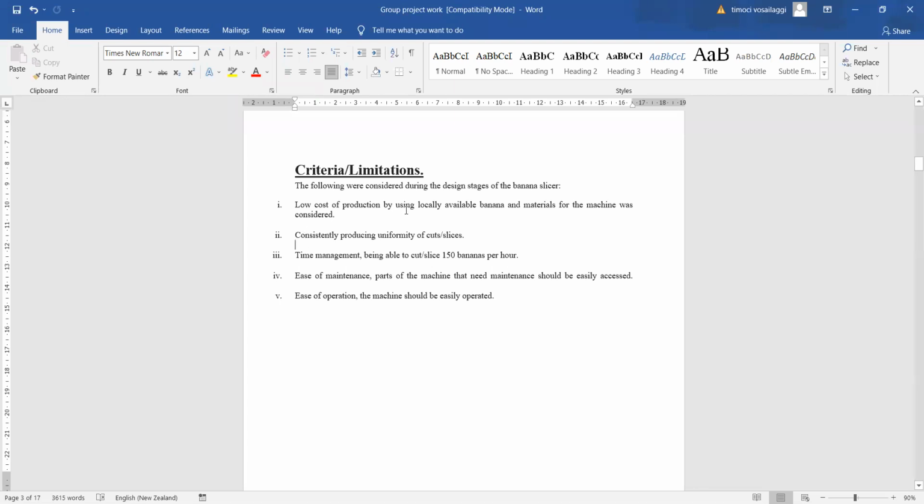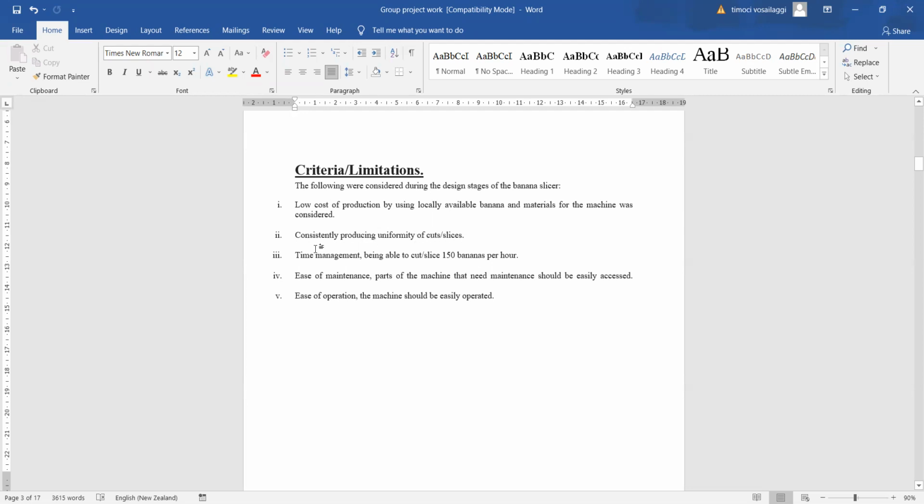Like low cost of production by using locally available banana and materials for the machine was considered. What constitutes low cost and what constitutes locally available materials? Okay, they're still quite broad statements. You may want to try and refine that down a bit.